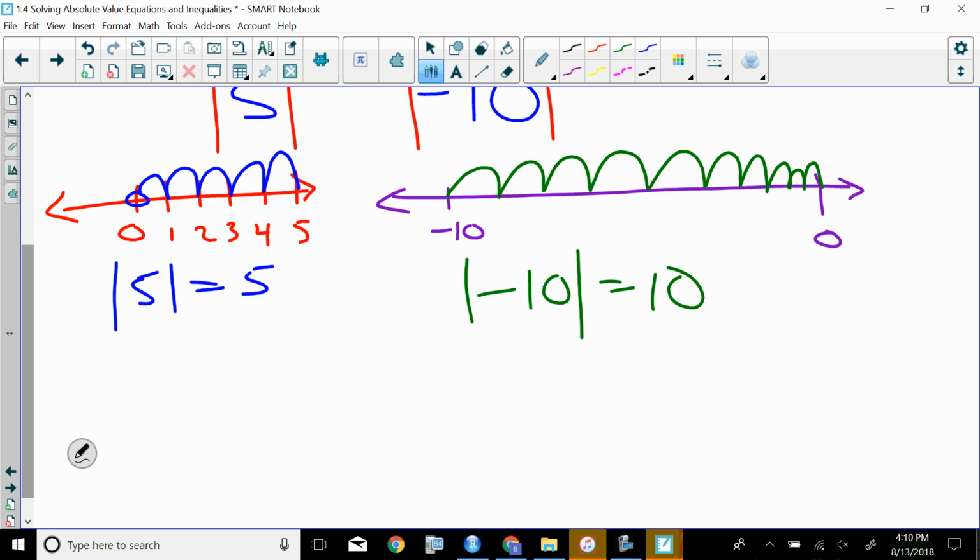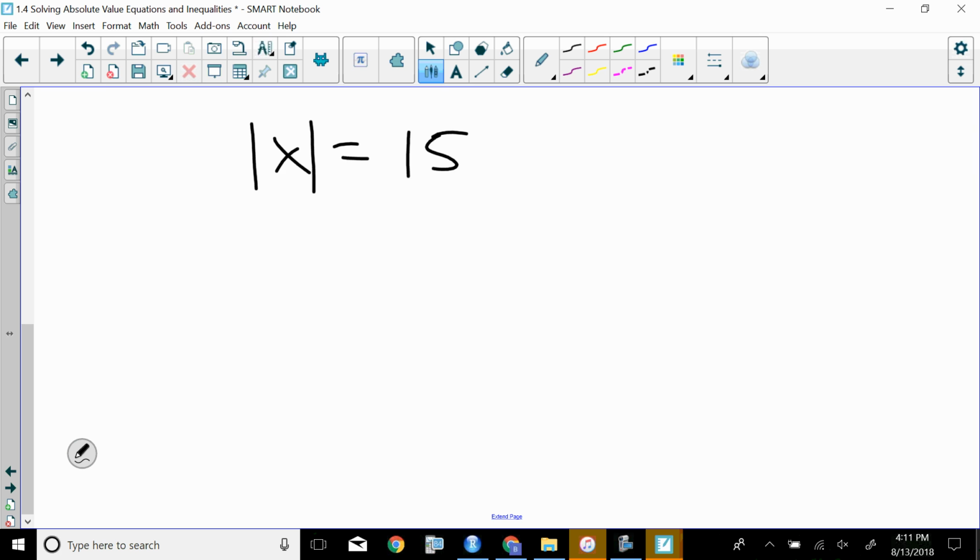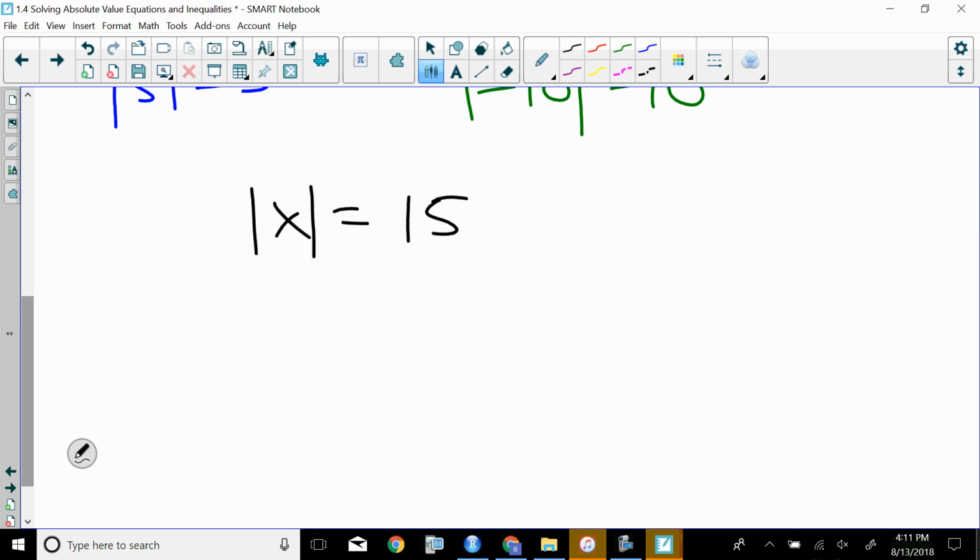If I give you an equation, the absolute value of x is equal to 15, what are the possible values that you could plug in and get 15 out? Well, x could be 15, going 15 steps in the positive direction.